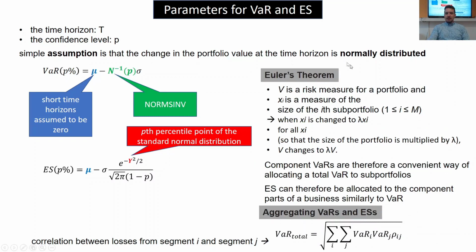And the last thing, Euler's theorem. So V is the risk measure for a portfolio and I is the measure of the size of the portfolio. When X is changed to this thing, so practically we are multiplying it by some number lambda, then V, which is the risk measure, will also increase by a multiplication of lambda.